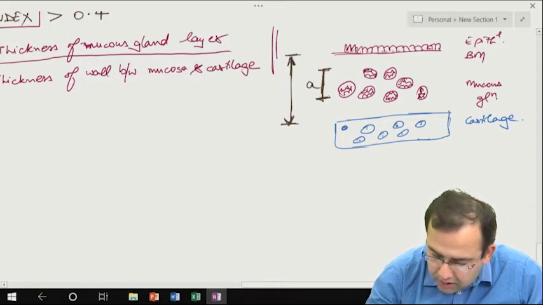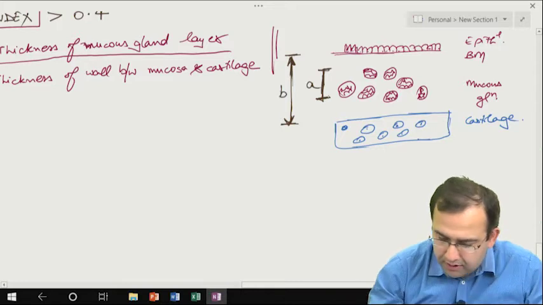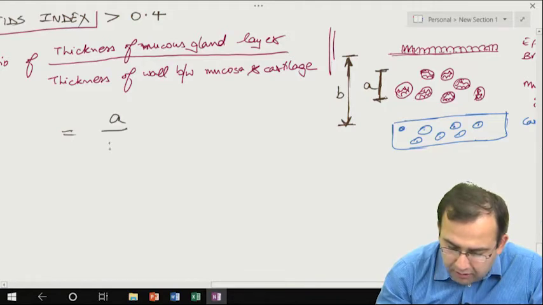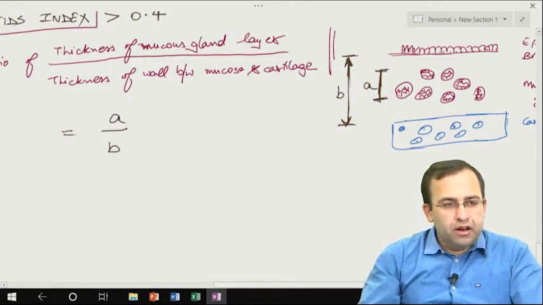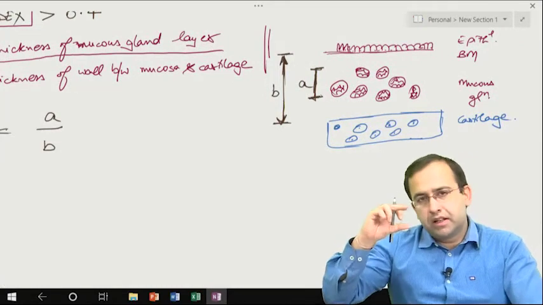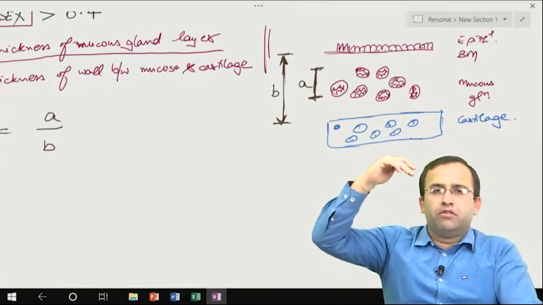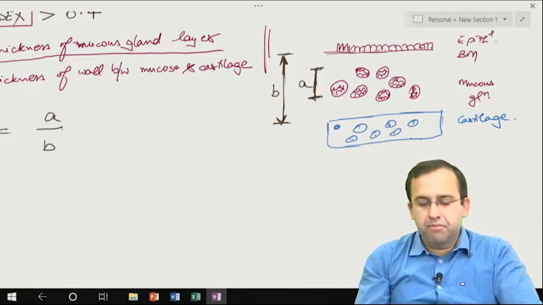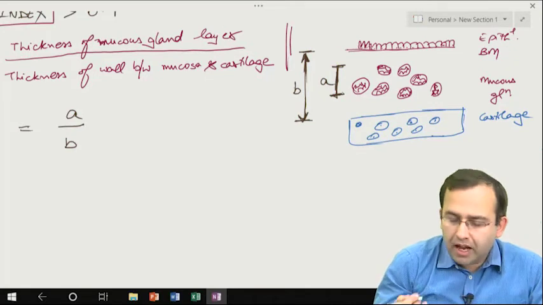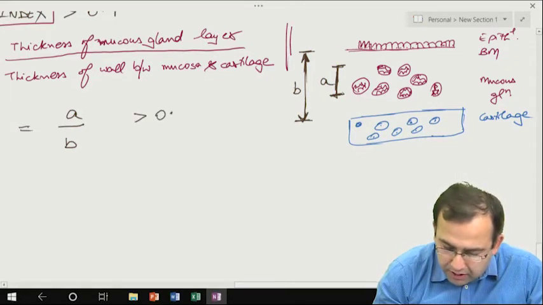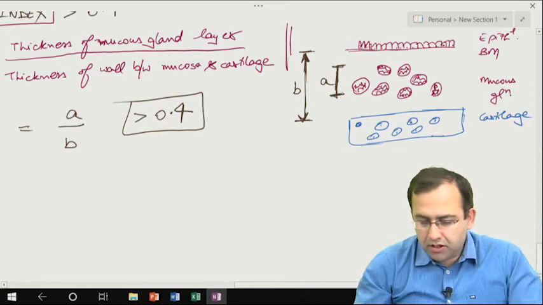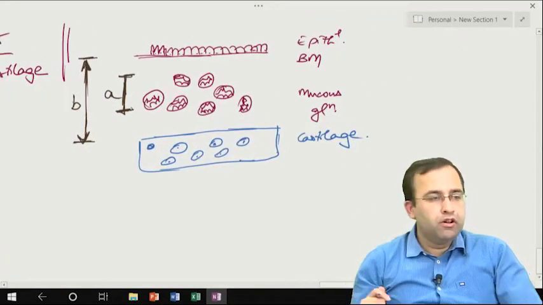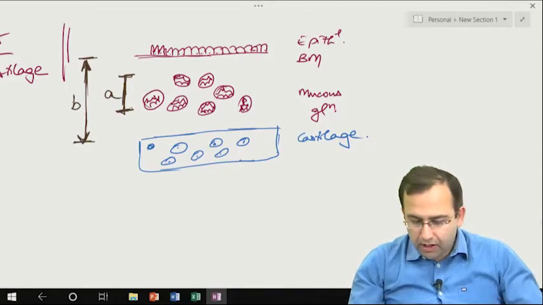So Reed's index is A divided by B. Mucus gland hyperplasia takes place, so Reed's index is more than 0.4 in chronic bronchitis. Next point.